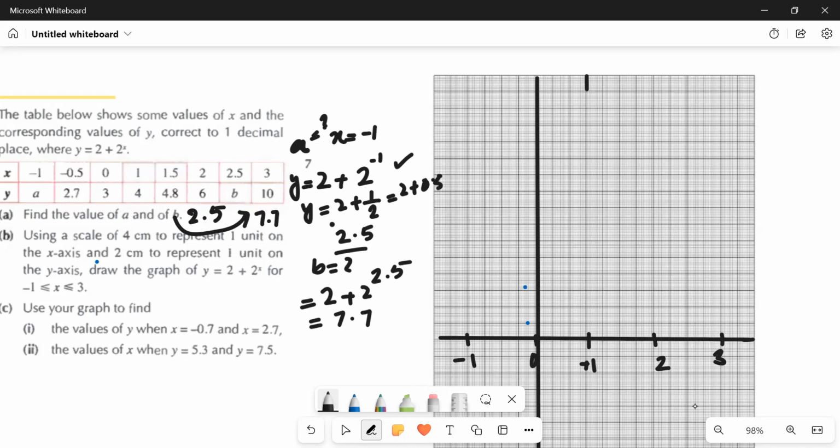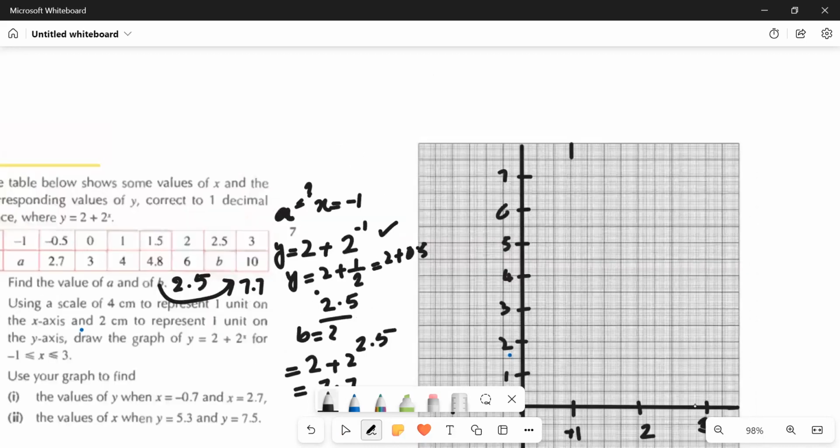Then the a value is 2.5 and 2 centimeter to 1 unit. So 1, 2, 3, 4, 5, 6, 7, 8, 9, and 10.